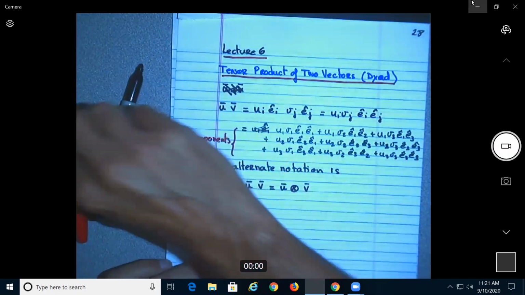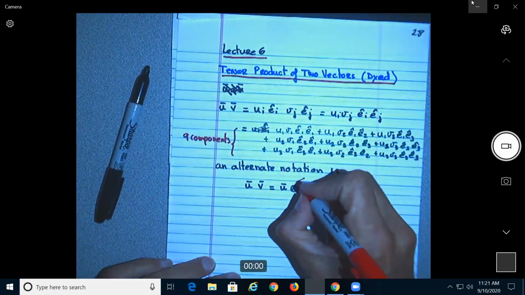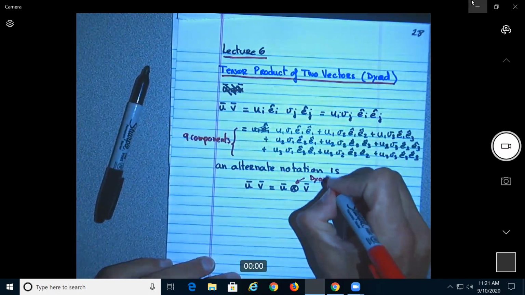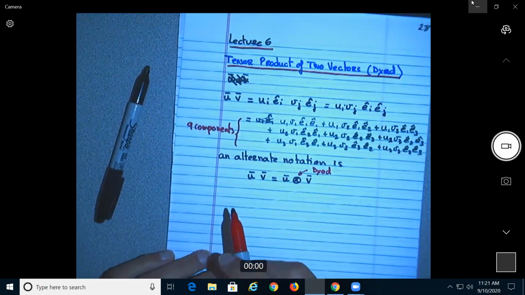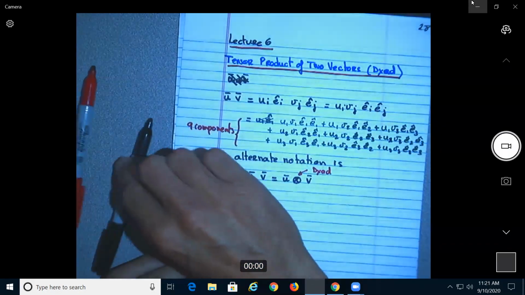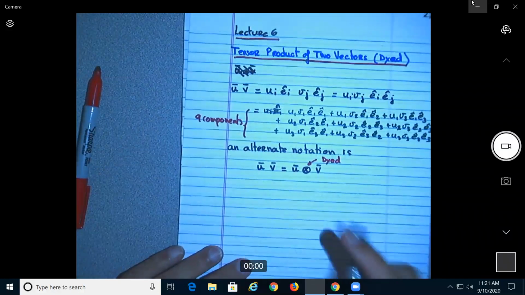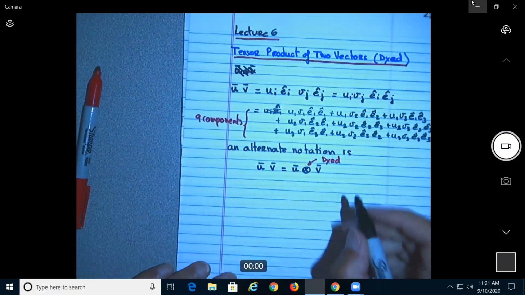This is what they call the dyad symbol, but it basically means the same. So you will understand why they do it that way.